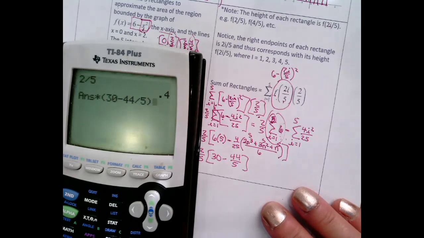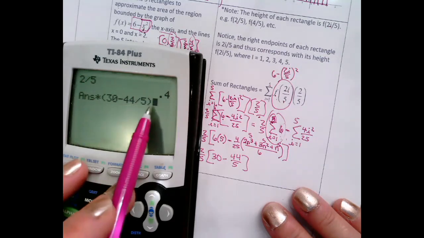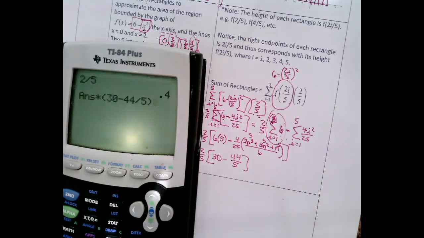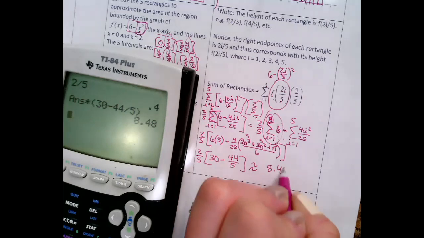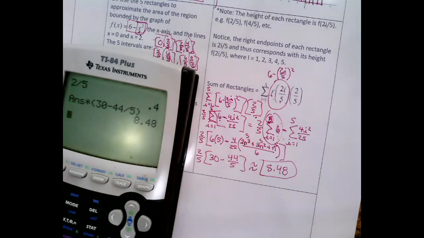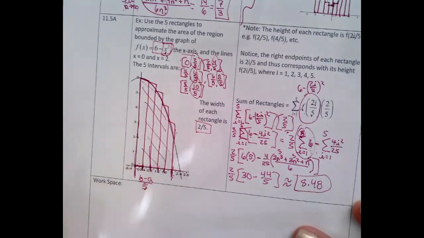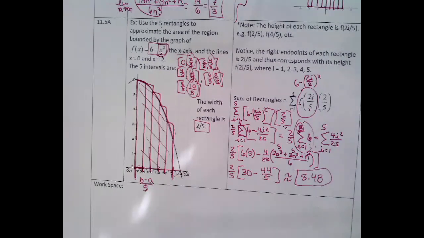It does the division in the parentheses before subtracting because of order of operations. I get approximately 8.48, so my area under this curve is approximately 8.48 units, whatever those units are.